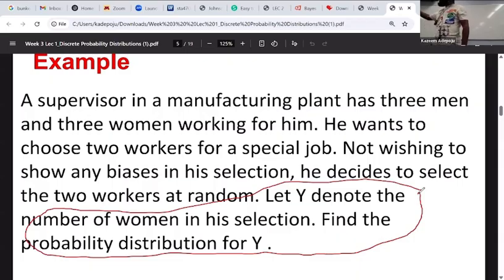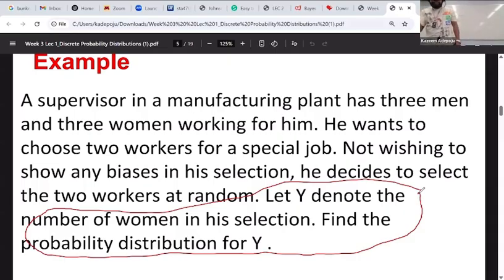The random variable in this question may be different from the random variable in another question. Right now, the random variable here is the number of women in his selection. The random variable could be the number of men in a selection, but right now, the characteristic of interest is the number of women in his selection.